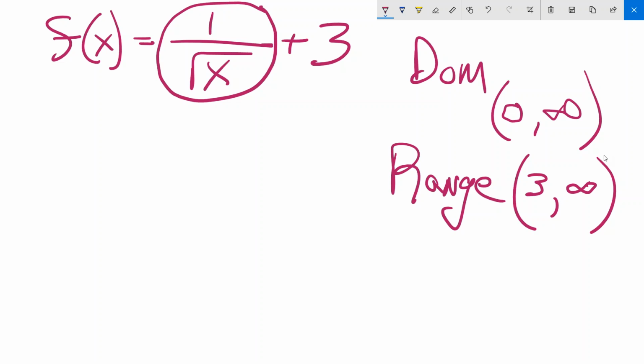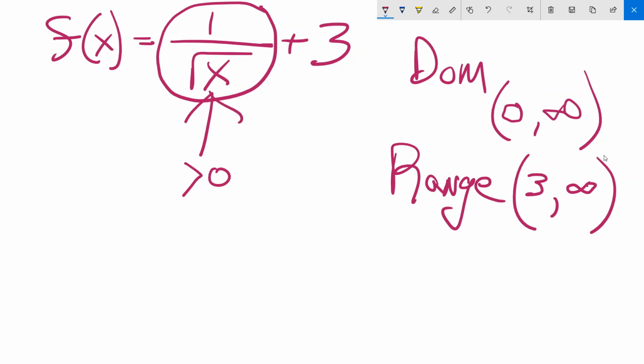But it can never go below 3, because this part right here, not the square root of x, but the whole thing that I have circled, has to be greater than 0. There's no way to make it less than 0. There's no real way to make it 0 other than making x go to infinity, which is getting into limits, which you probably haven't had yet. Have you had limits? No.